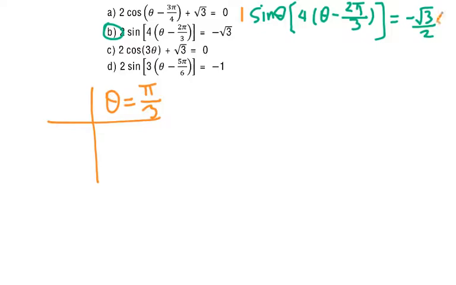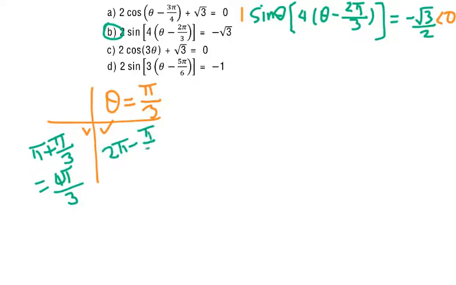And this is less than 0, that's why for sine, it will be the third and then the fourth quadrant. So I have pi plus pi over 3, I get 4 pi over 3. Then 2 pi minus pi over 3, you will get 5 pi over 3. That's how you get the values over here.